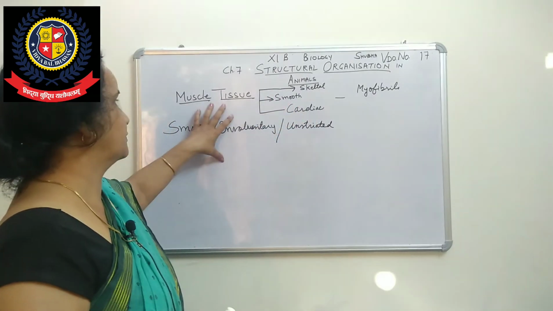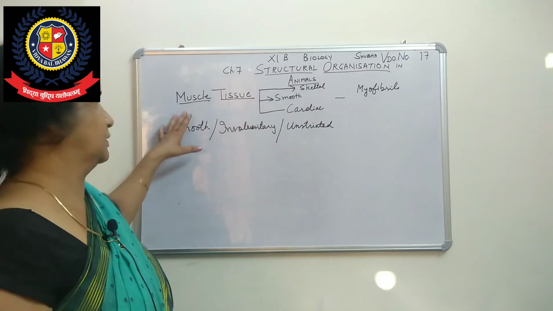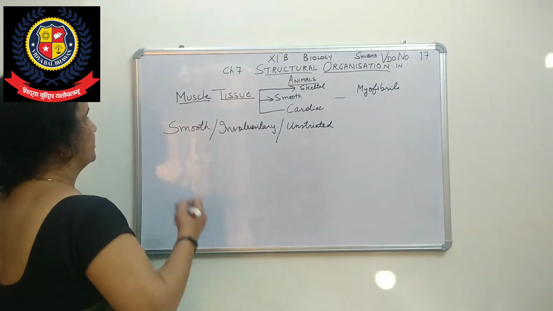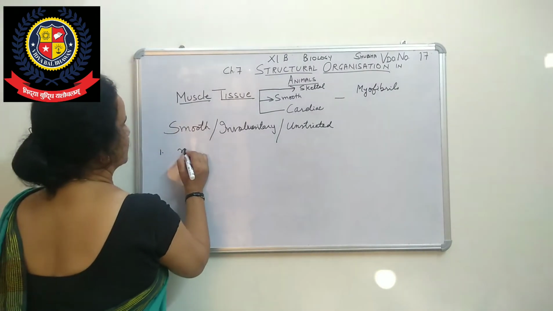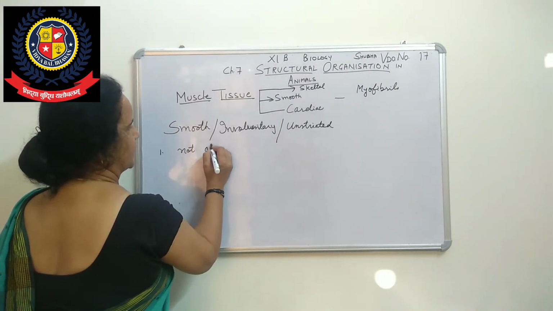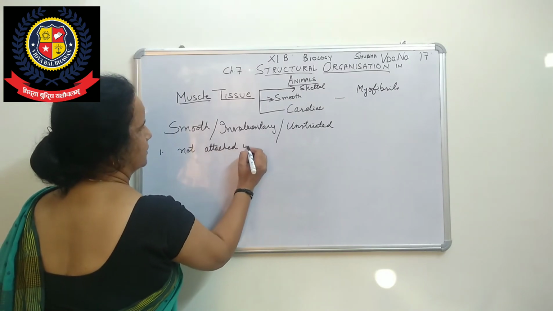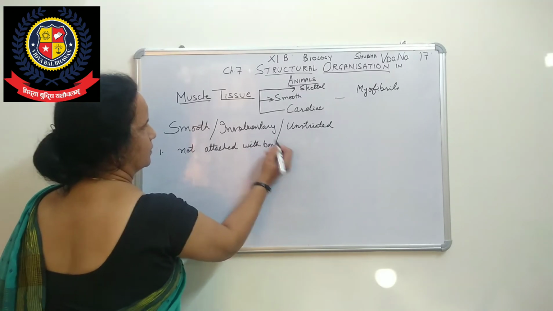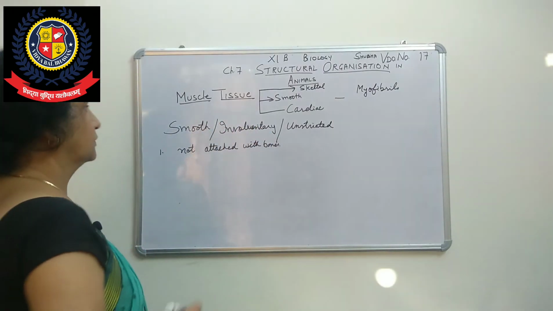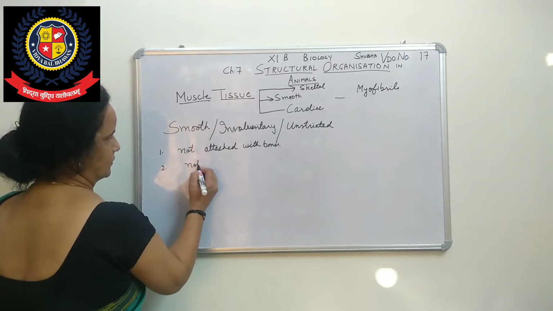Now why is it called smooth muscle? Because it is not attached to the bones. Second, involuntary, because it is not controlled by us.